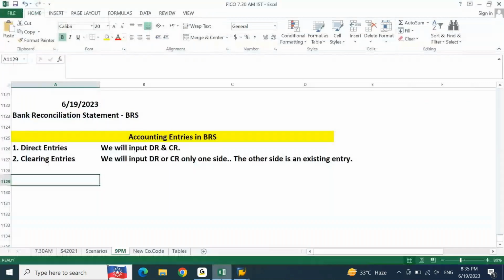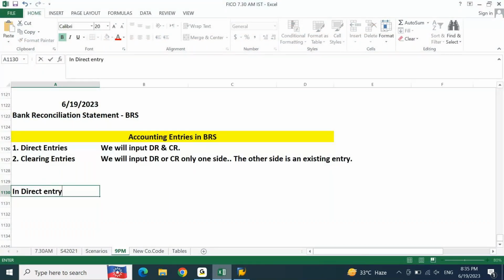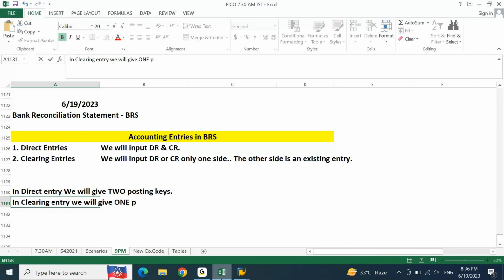Now, in a direct entry, we will give 2 posting keys, and in a clearing entry, we will give 1 posting key.